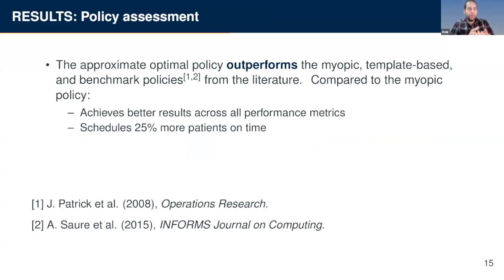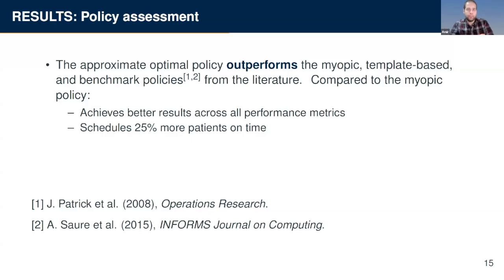So, first of all, we considered a few benchmark policies from the literature. I'm not going to go into detail on them, but one of the benchmark policies we considered is the myopic policy. The myopic policy just doesn't consider the future cost. It's blind to the future cost and it's greedy, because it just tries to optimize the immediate cost, right? What is happening right now, we're only going to optimize the performance metric of today.